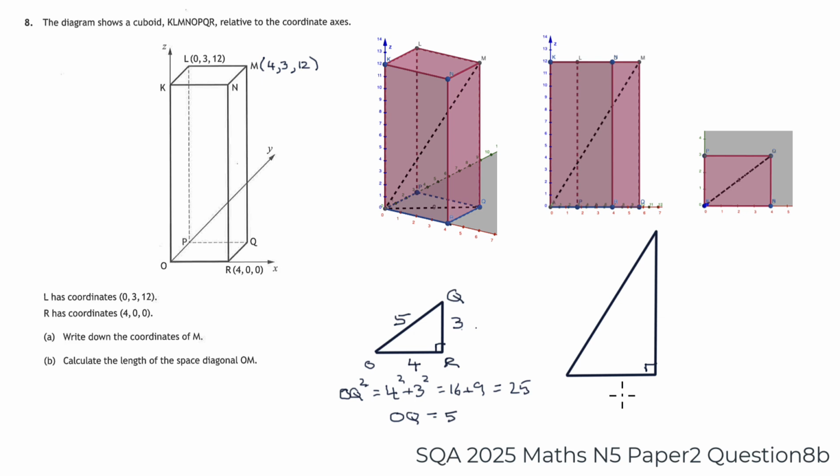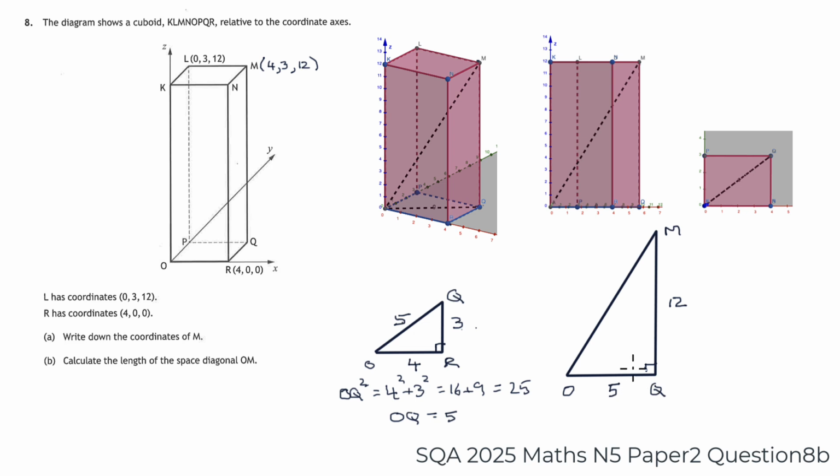We've already worked out that OQ, that's this side here, is 5 units long. We know that QM, that's the height of this triangle, QM, this is the one that goes up the z-axis, and it reaches 12 units. So QM is 12.